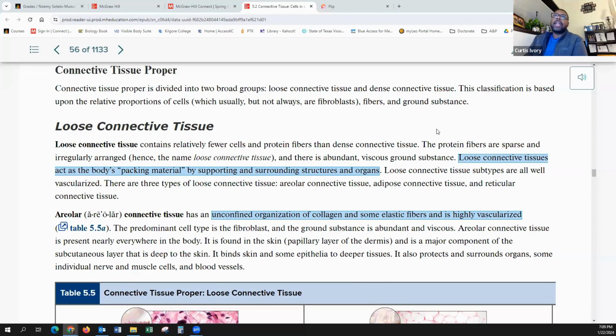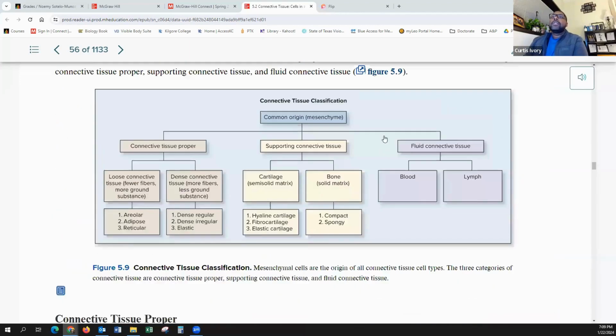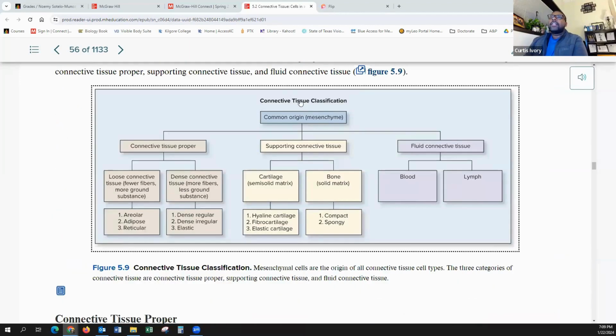All right, so let's look at loose connective tissue. There are different connective tissue classifications. We have connective tissue proper, supporting connective tissues, and fluid connective tissue. In fluid, we're going to have our blood. In our supportive, we're going to have cartilage, which is found around our bones, especially in between our bones, that keeps them from making friction.